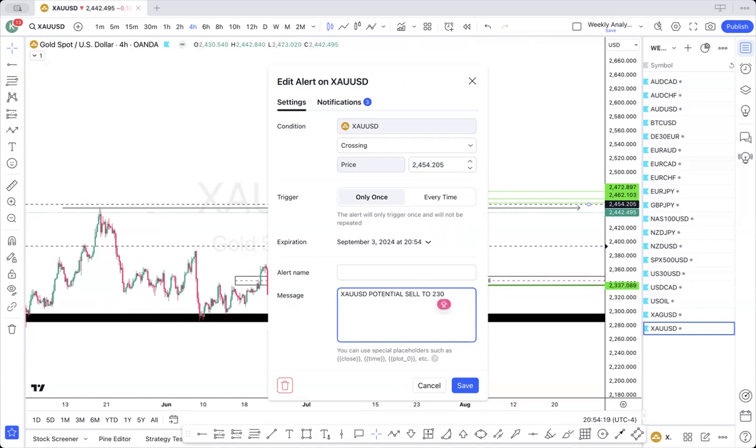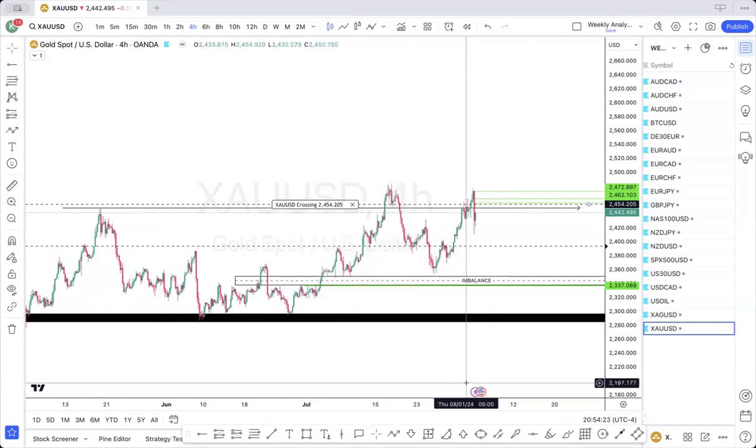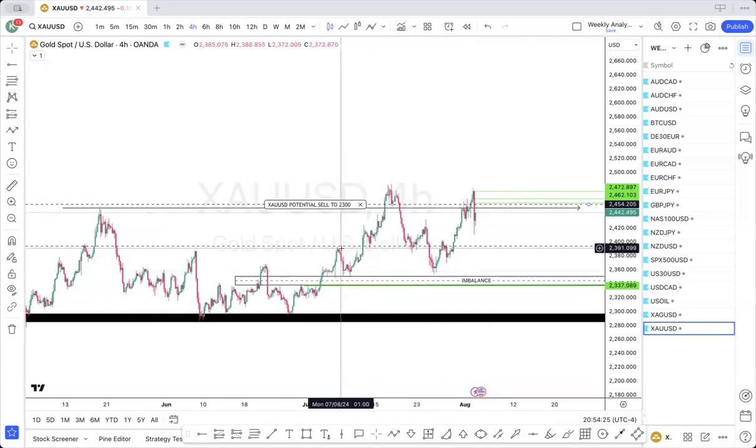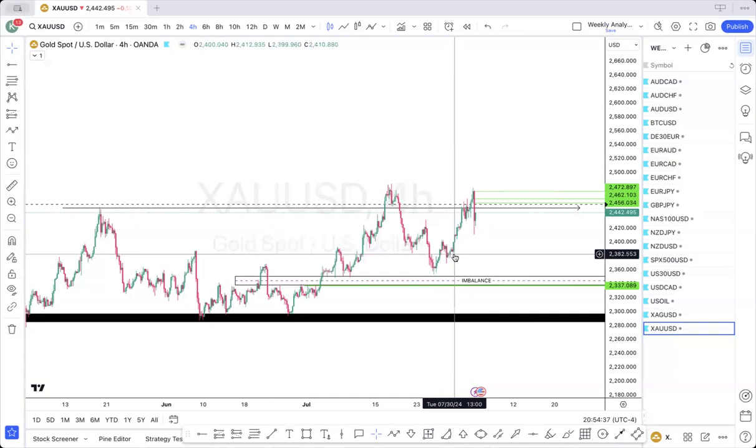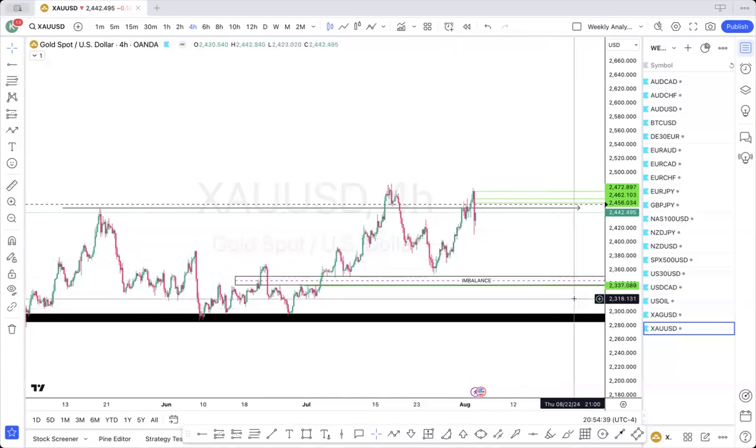I'm just going to put 2,300. Okay. All right, so now that I have that marked and set, I'm just going to delete this one here and wait for the alert to set off. And that is all that I have for this possible week.